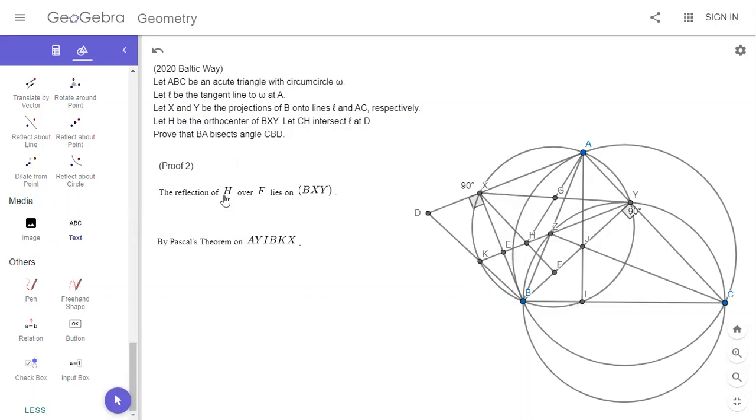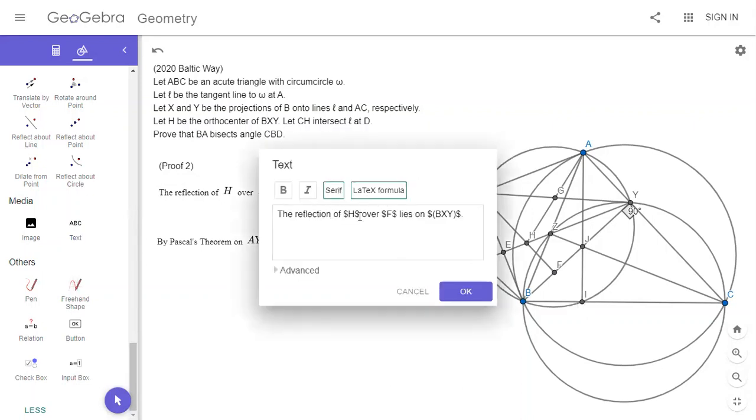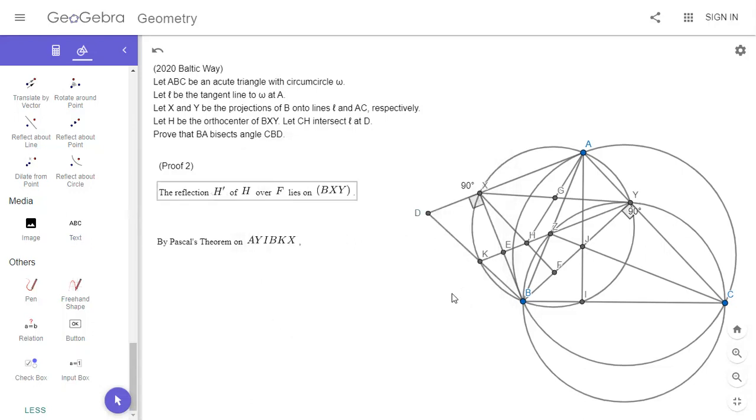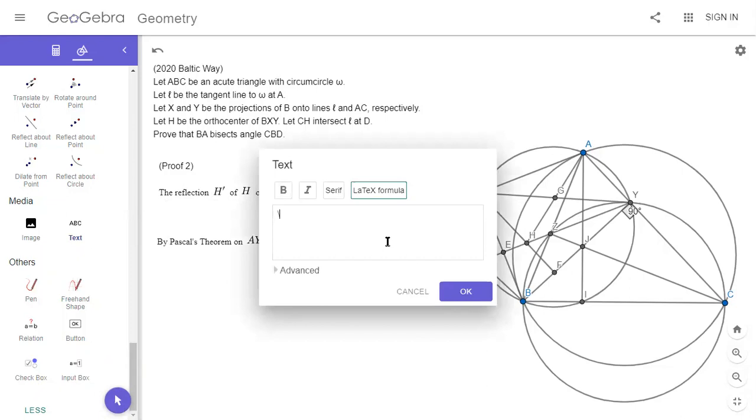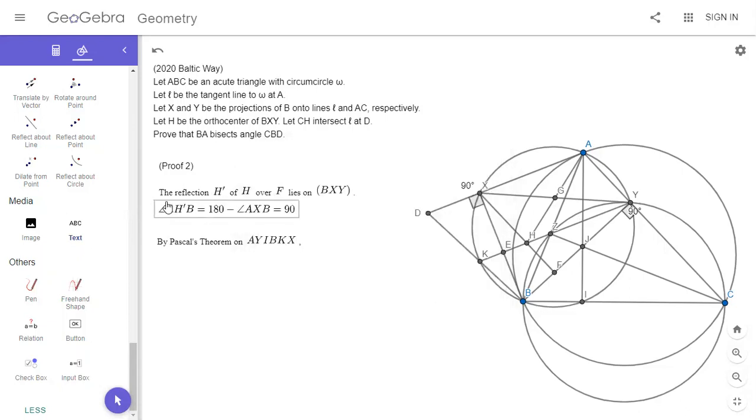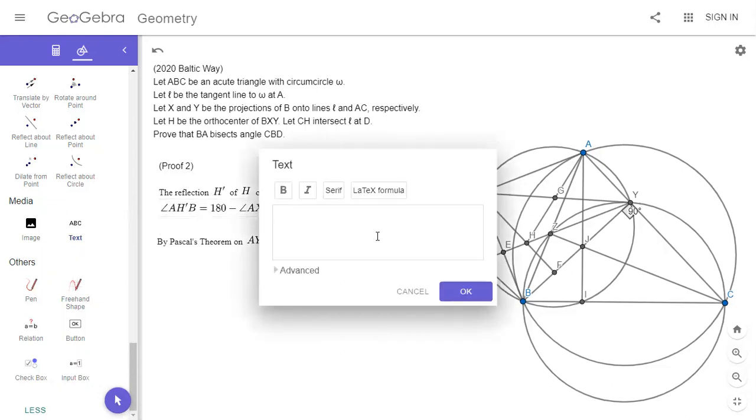And also, I'll say the reflection H prime, whatever that point is, angle AH'B is 180 minus angle AXB, which is 90. And so H prime equals I, the foot of the perpendicular from A to BC.